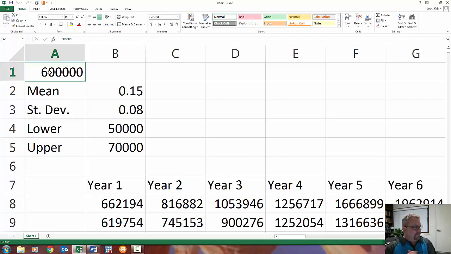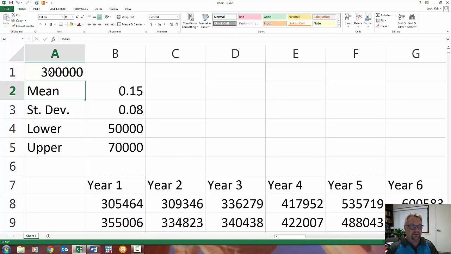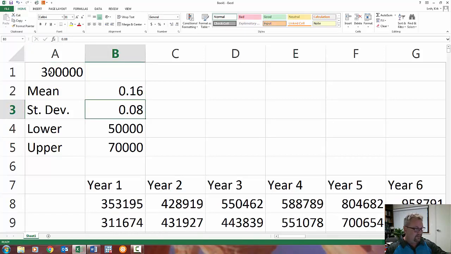So, for example, now assume the client has half the money in a mutual fund and half the money in a bond fund. The returns on the mutual fund are normally distributed with a mean of 16% and a standard deviation of 9%. So I can do the mutual fund right away, and all I have to do is change this to 300,000. The mean is 16% and a standard deviation of 9%.